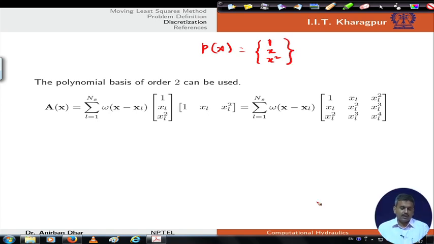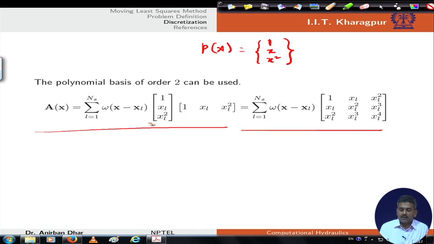So, let us say that L is the index for support domain or points in the support domain. So, L equals to 1 to ns, that means all points in the support domain. We can directly write this, or if you multiply these two terms, we can directly write this thing.